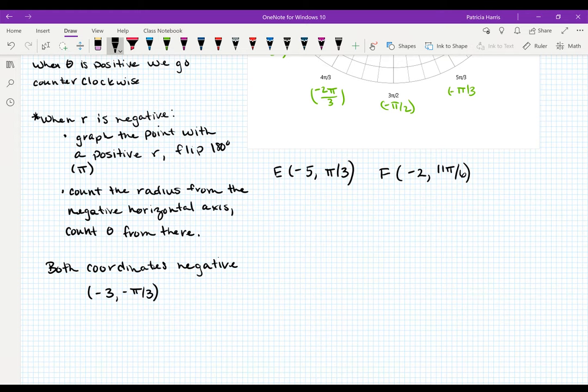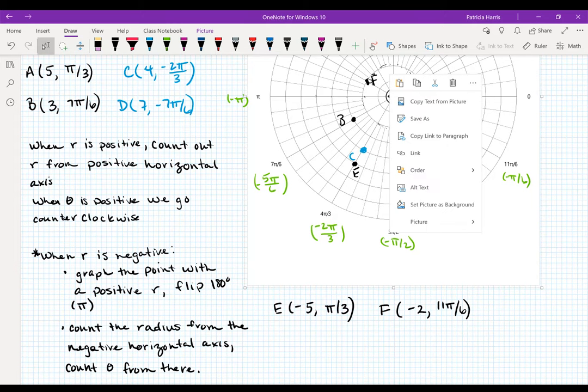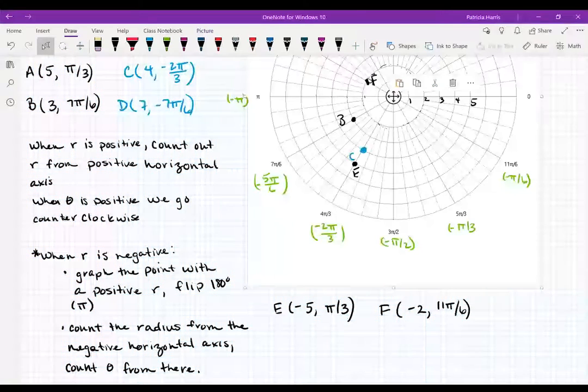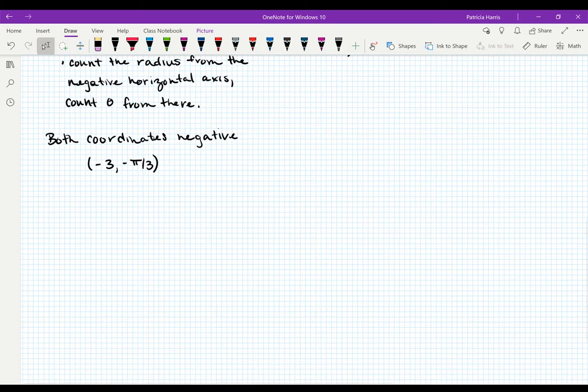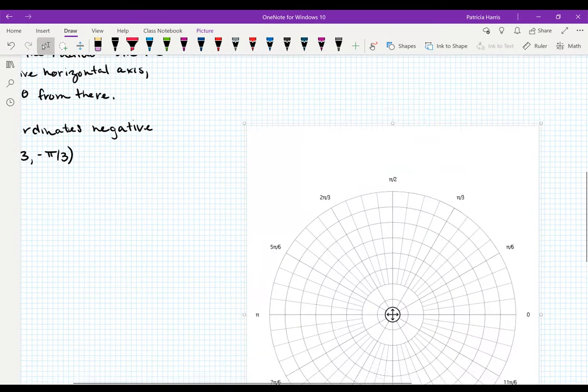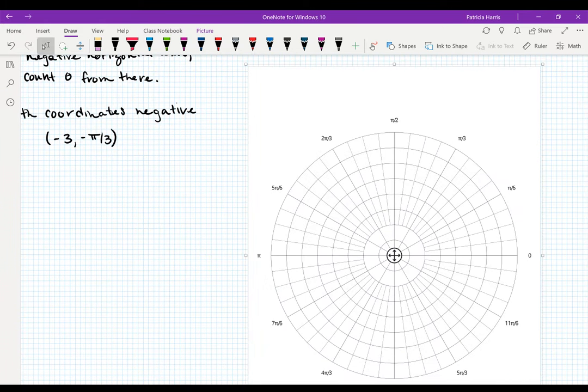Okay, so negative 3, negative pi over 3.